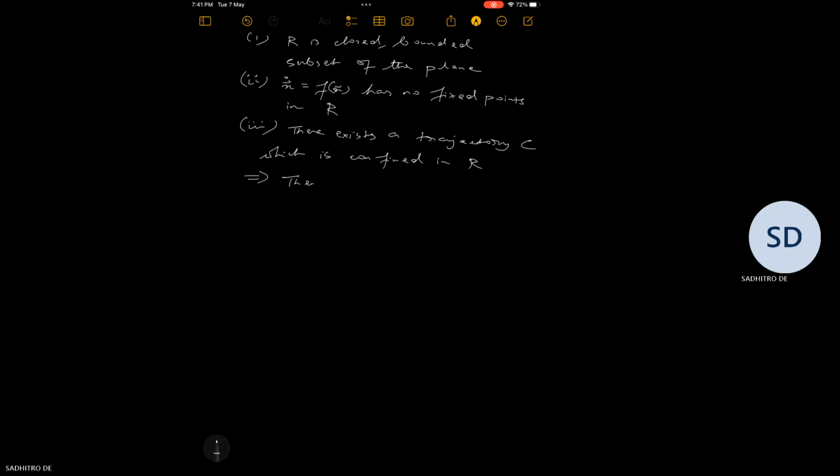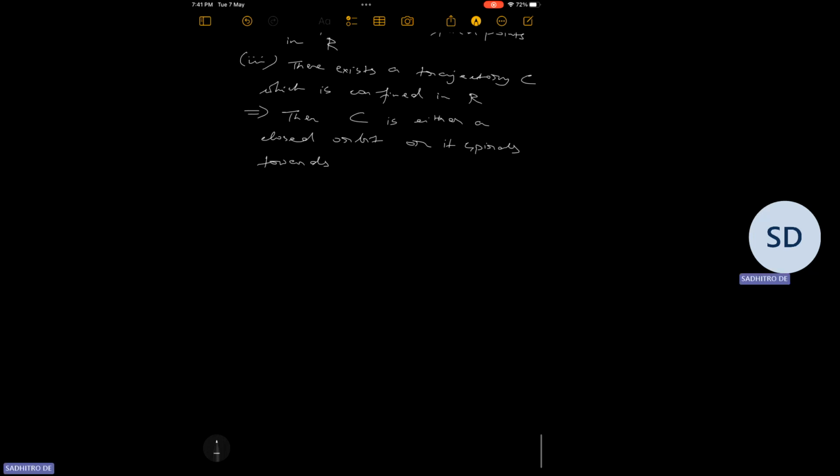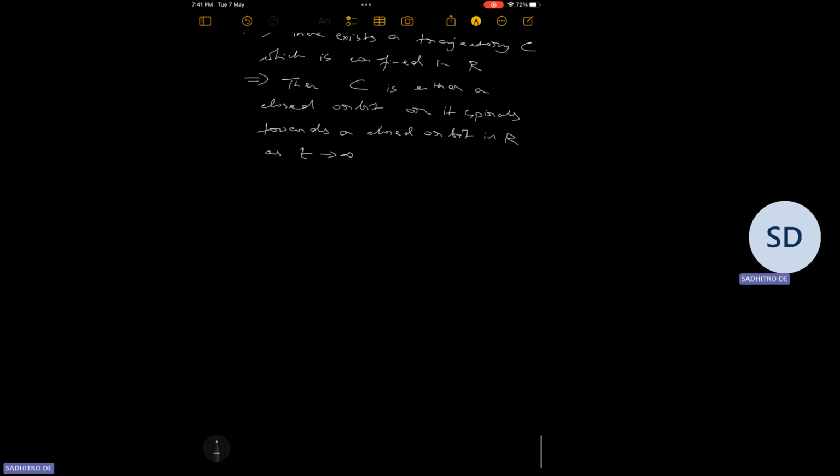then C is either a closed orbit by itself or it spirals towards a closed orbit in R as t goes to infinity.